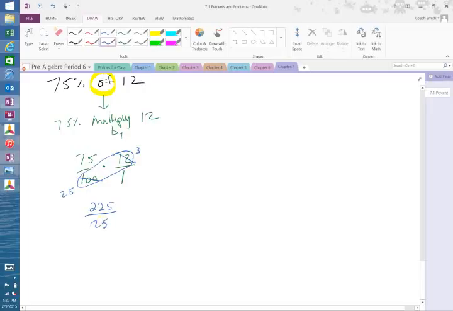I could have reduced that further, but I'm going to do it like this. 25 goes into 225 9 times. So the new number is 9. So if you're paying 75% of the full price, $12, then you'd pay $9 for it.